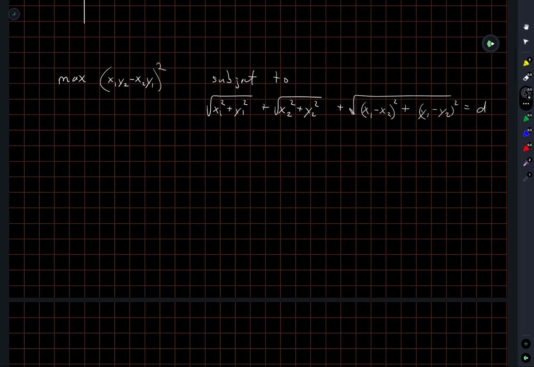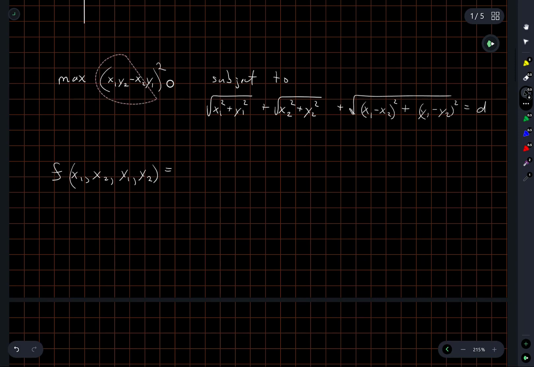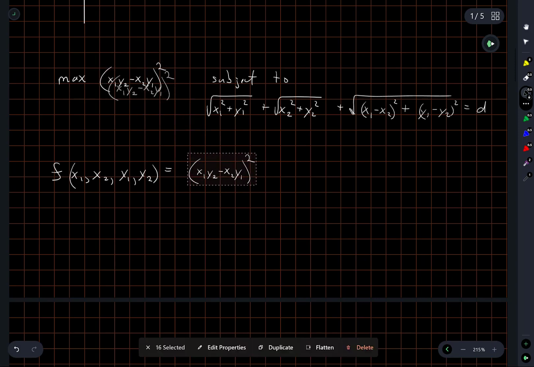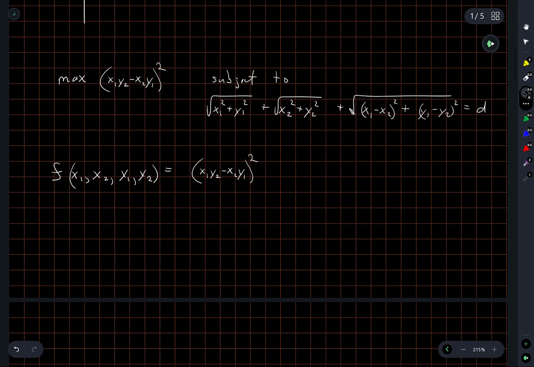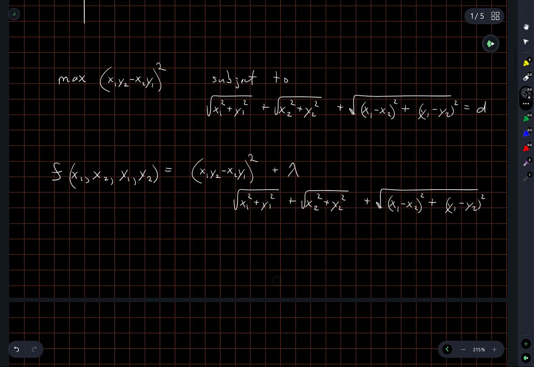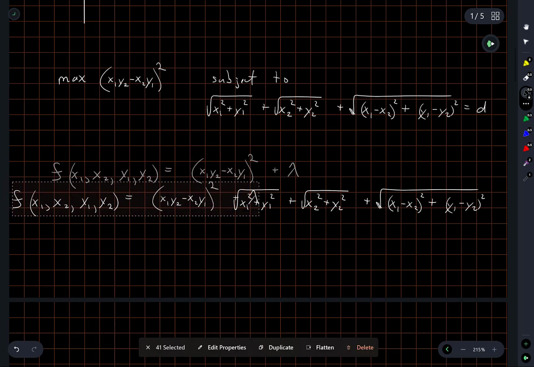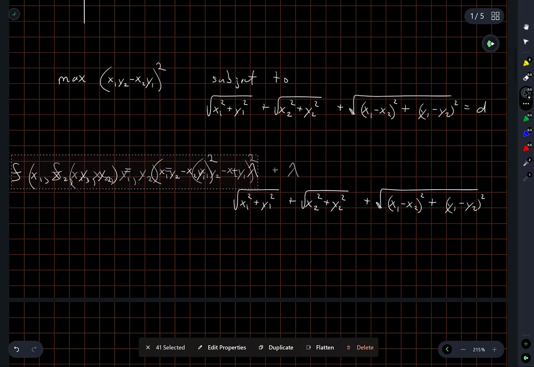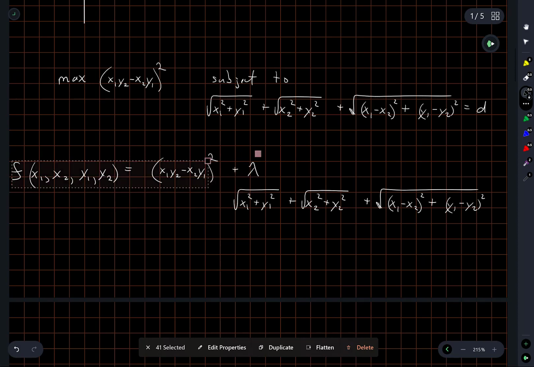So I'm going to define a function, just simply the thing that I'm going to be able to take derivatives of here, and I'm introducing a Lagrange multiplier because I'm thinking of this as being a constrained optimization. Don't quite have enough space for all this. Let's make it a little smaller.